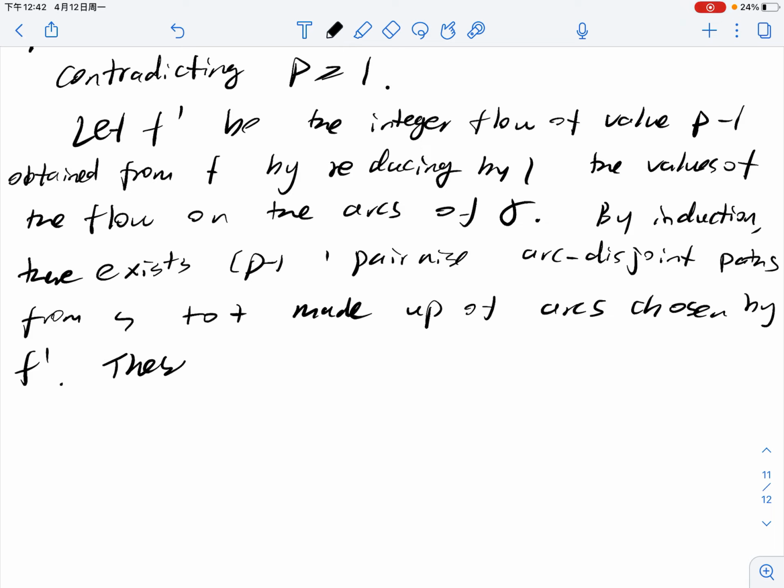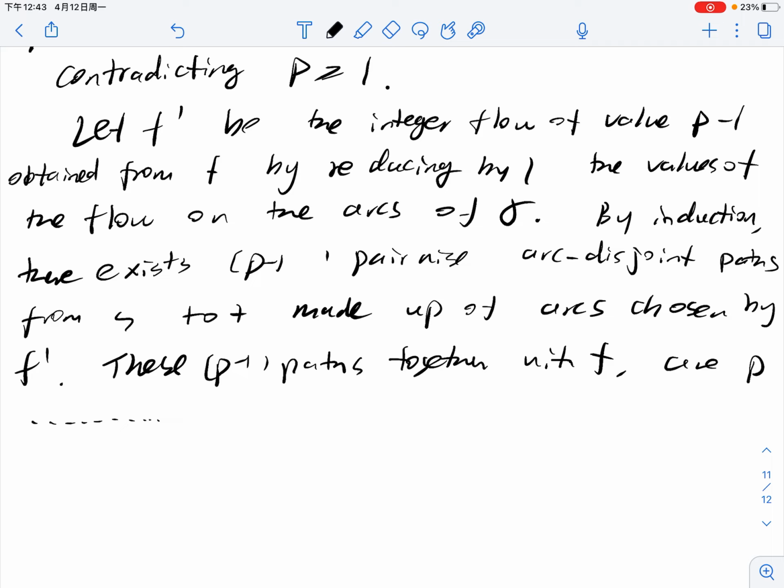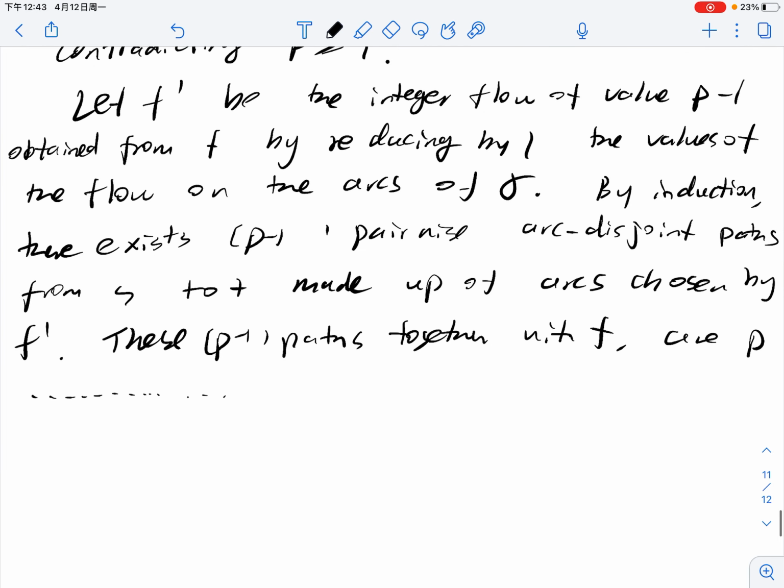And these p minus 1 paths together with gamma are p pairwise arc disjoint paths made up of arcs chosen from f. So here, it's not hard, but you need to show that in order to apply the induction, the value of f prime is p minus 1.